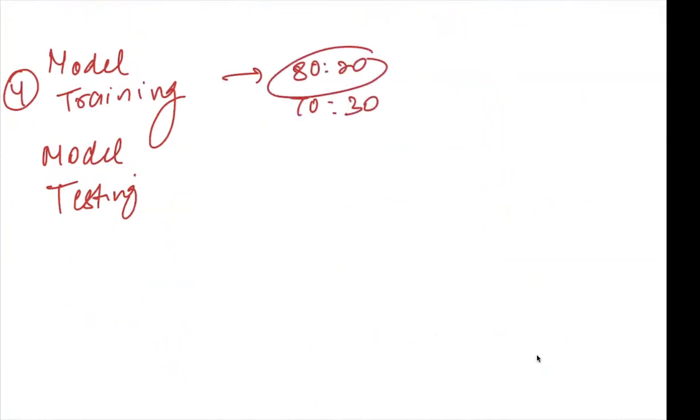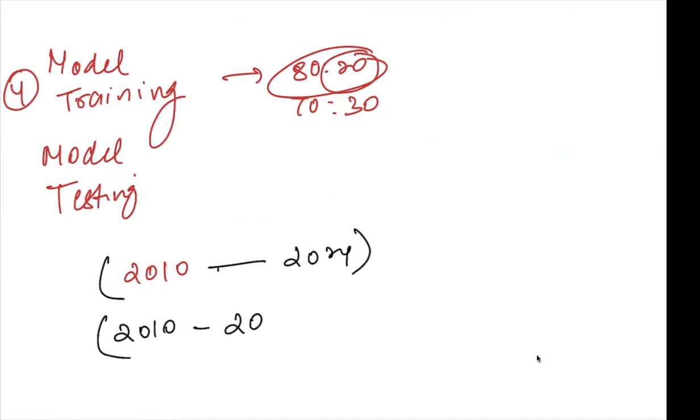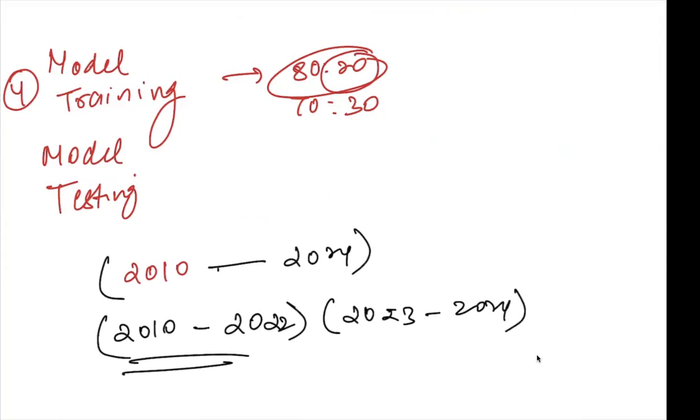I generally follow this because then you have a good sample to train your model and a good sample for testing your model, right? So what does model training and model testing mean? Since we discussed we have data from 2010 to 2024, you can train your model from 2010 to 2022 and then test your model from 2023 to 2024. This is how you can tell whether this model is performing well or not.